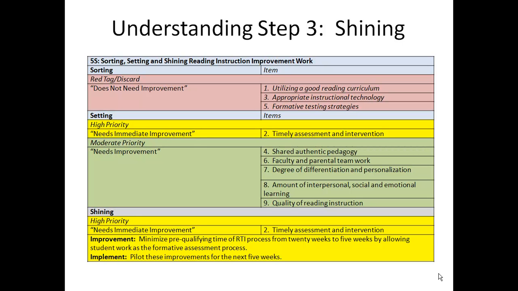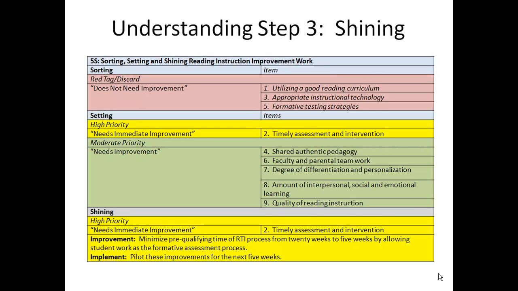As this building worked through this, they went ahead and sorted this out. They figured out 3 of these we don't even need to work on, but we do have them set into categories now where we understand there is a real high priority need here. And that was strategy number 2.